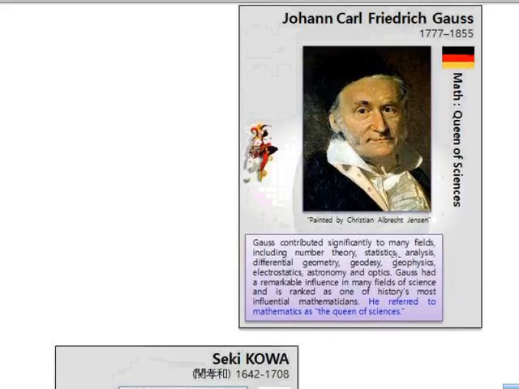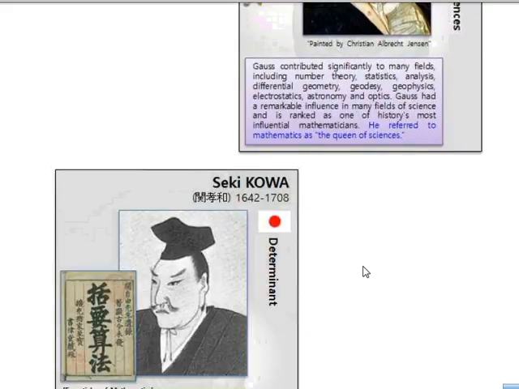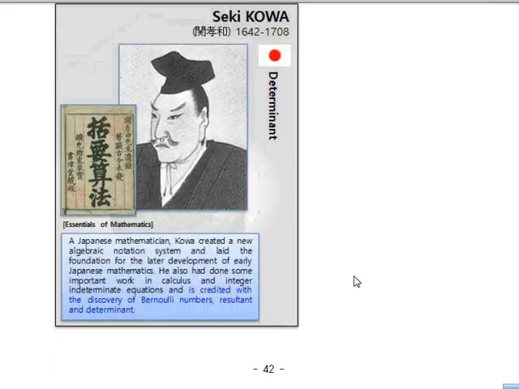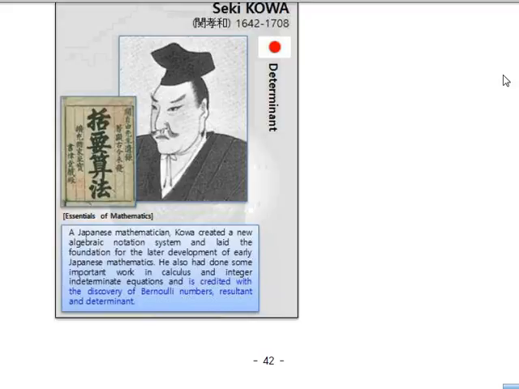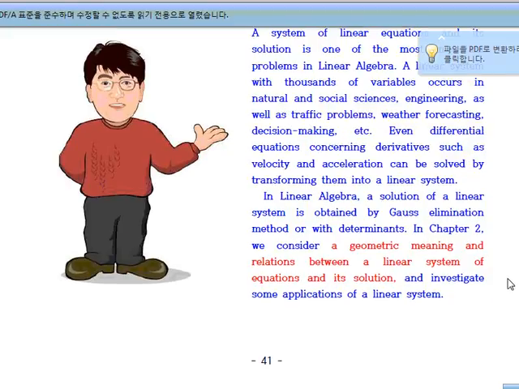I added those who made great contributions in this area of mathematics. In this chapter, we consider geometric meaning and relations between a linear system of equations and its solutions.